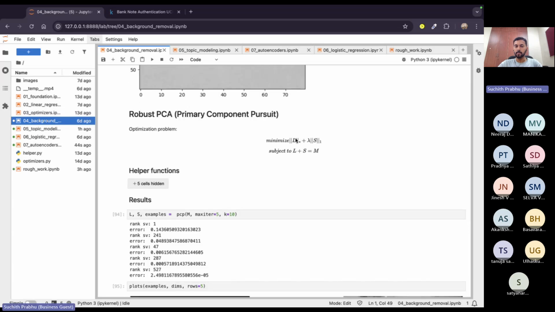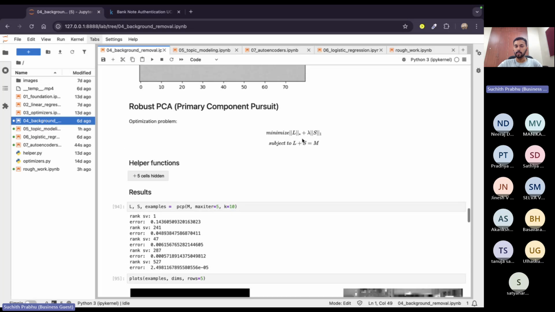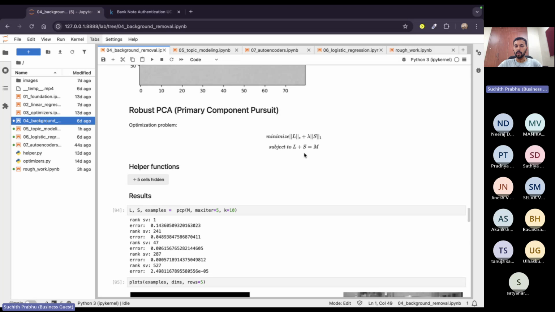This is the nuclear norm, to get the low rank approximation, and this is the explicit sparsity term. Whatever noise is present, we'll get that in S. Foreground will be present in the S matrix, and L will give us the low rank approximation.